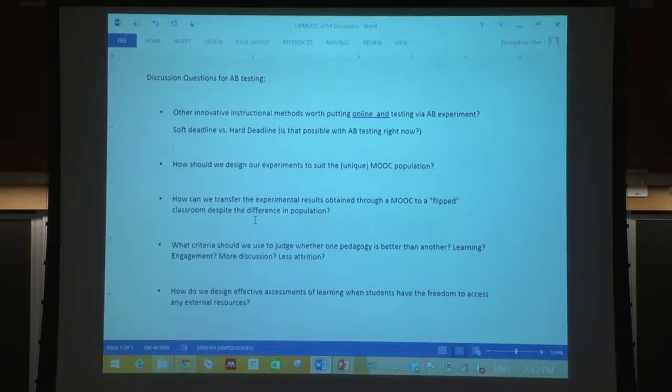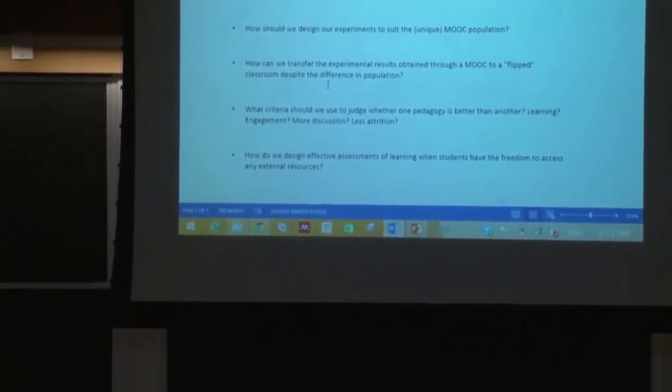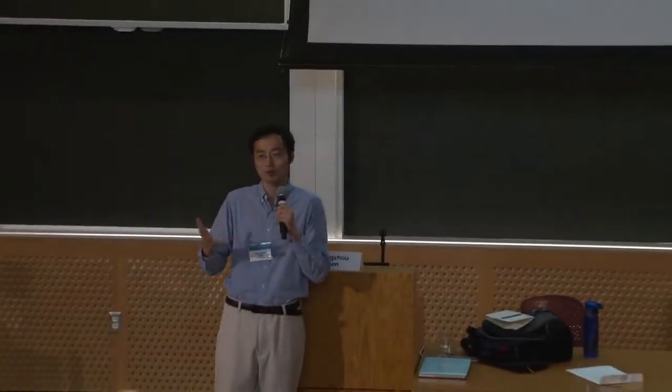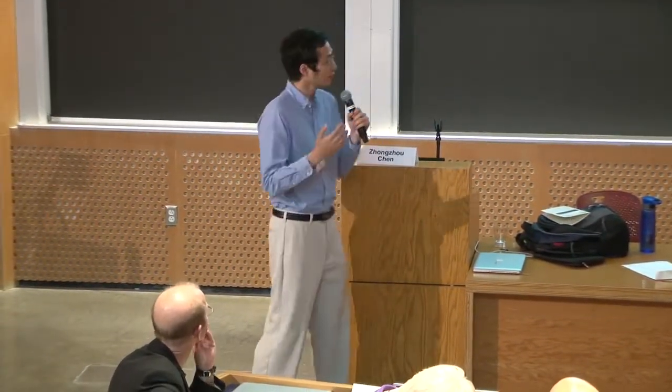These people behave rather differently from our in-class students. And if we want to study, for example, whether people are engaging more or not, should we be looking into the certificate earners, or the people who drop out in the middle of the way? Things like that.